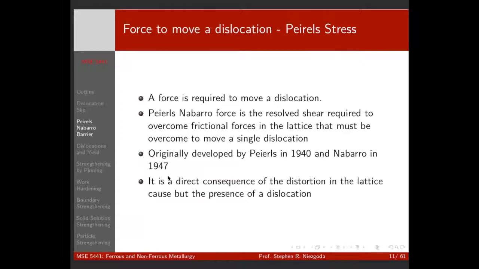It's a direct consequence of the distortions in the lattice caused by the presence of the dislocation. How disruptive is the dislocation to the structure? If the dislocation doesn't cause a large disruption, it's probably easy to move, but it probably doesn't accommodate a lot of slip by moving, right?